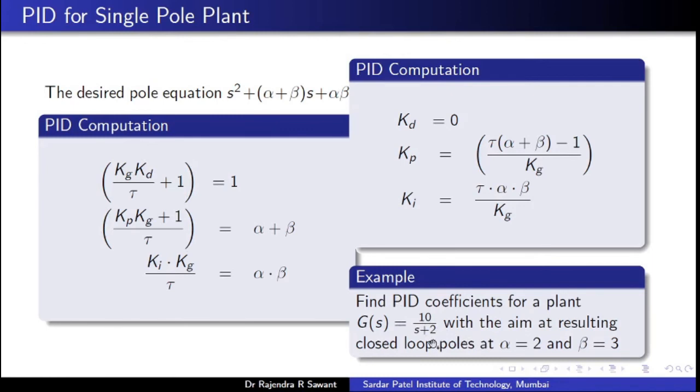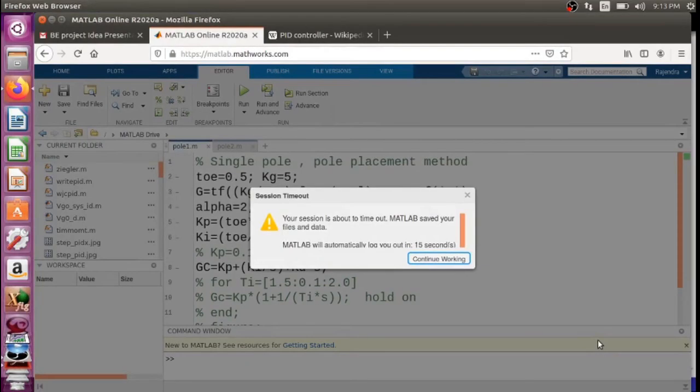Here we have got tau equals 0.5, Kg equals 5, alpha equals 2 and beta equals 3. So let us see how it is done.